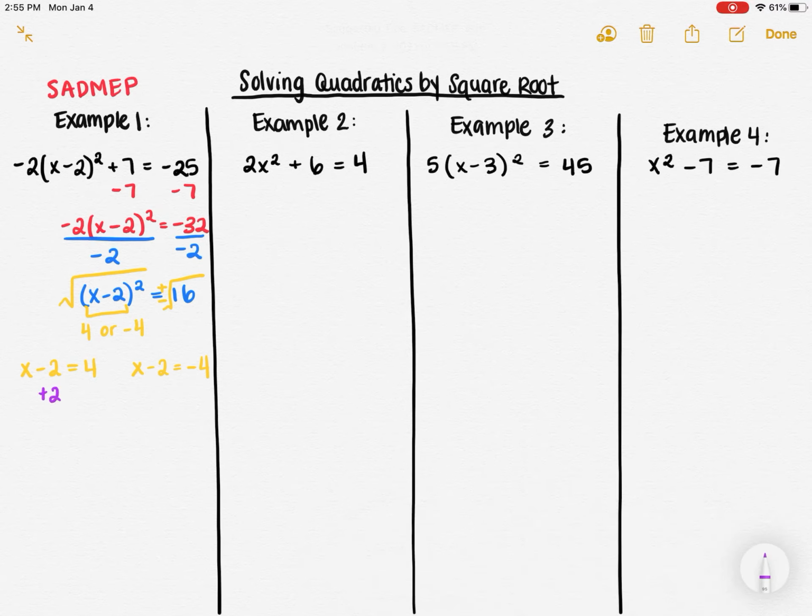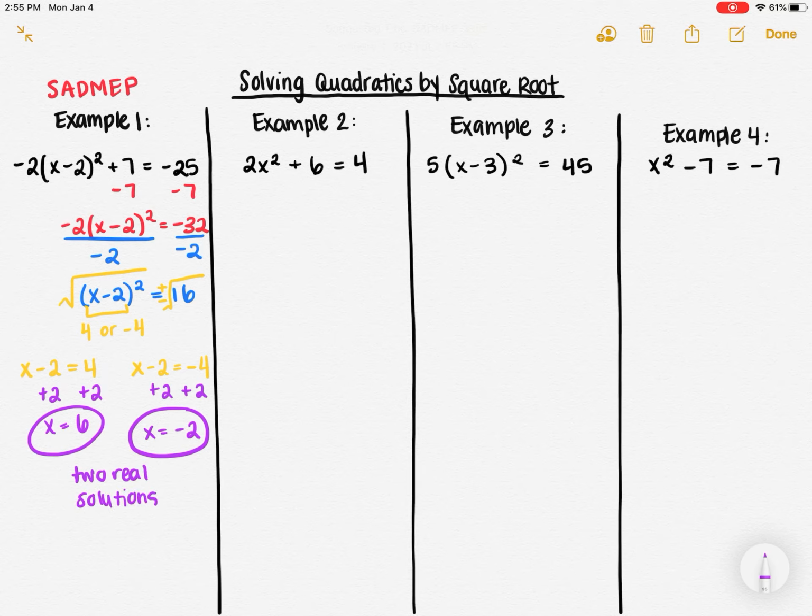So to get rid of a -2, I can add 2 on both sides for each equation. So that gives me 2 solutions of x equals 6 and x equals -2. They are both solutions. I have 2 real solutions that are x equals 6 and x equals -2.